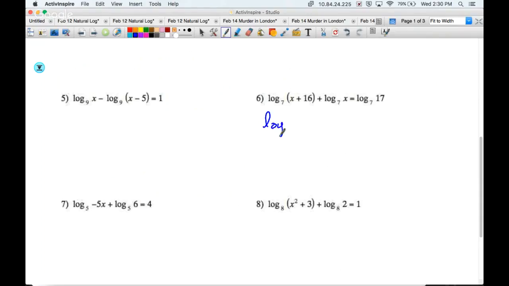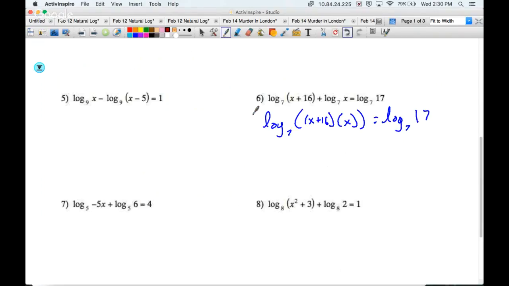So this should become log base 7 of the quantity x plus 16 times x. This equals log base 7 of 17. Now that we're at this point, the log base 7 on both sides can actually be canceled out.